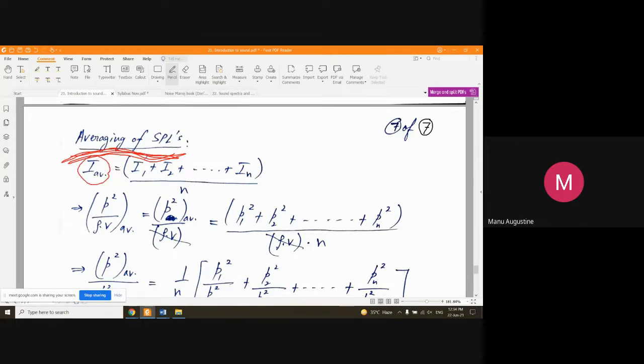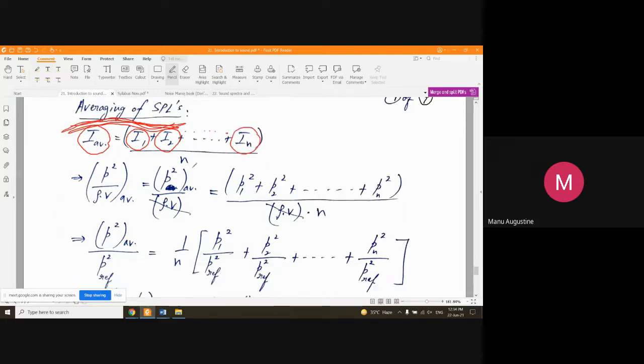So if source 1 is sending sound waves at an intensity of I1, source 2 is sending out sound waves at an intensity of I2, and so on henceforth till the nth source that is sending sound waves at an intensity of I suffix n, then I can 100% claim that the average of the sound intensities is simply the sum of these individual intensities divided by the number of sources, that is n. Intensities can be added, subtracted, or averaged.